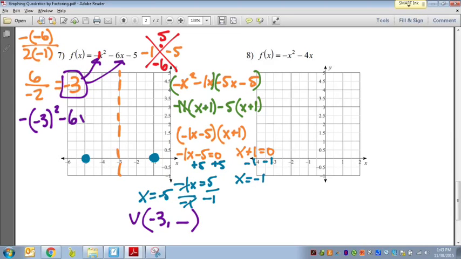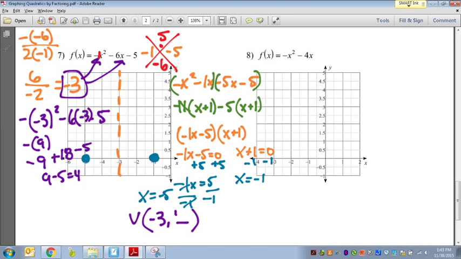We just talked about that pitfall earlier, so we're not going to make it, because we do exponents first. Negative 3 squared is 9, and then negative times 9 is negative 9. And we do negative 6 times negative 3, which is positive 18, minus 5. Negative 9 plus 18 is 9. 9 minus 5 equals 4.